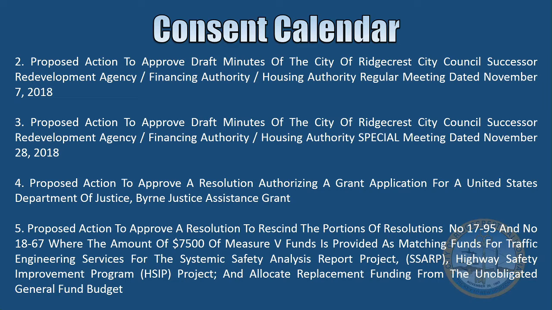Number 5, proposed action to approve a resolution to rescind the portions of resolution numbers 1795 and 1867 where the amount of $7,500 of Measure B funds is provided as matching funds for traffic engineering services for the Systemic Safety Analysis Report Project, Highway Safety Improvement Program Project, and allocate replacement funding from the unobligated general fund budget. Is there anybody from the council who would like any of these items pulled?